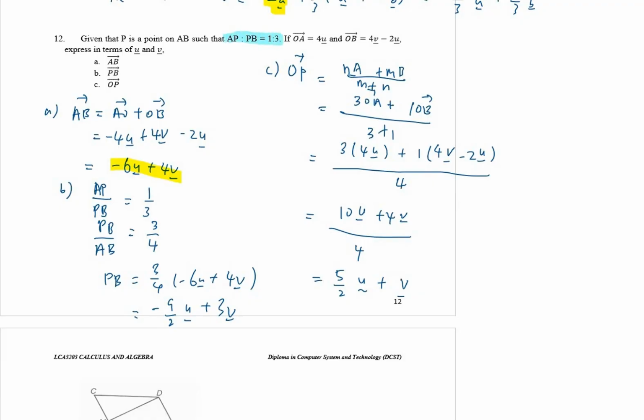AP to PB is 1 over 3. That is what they give you.